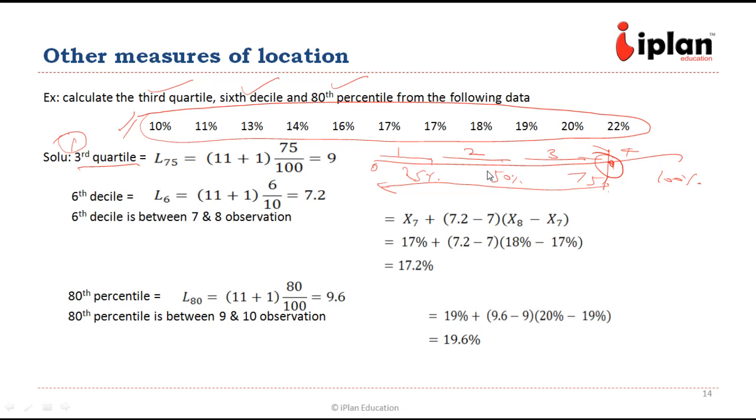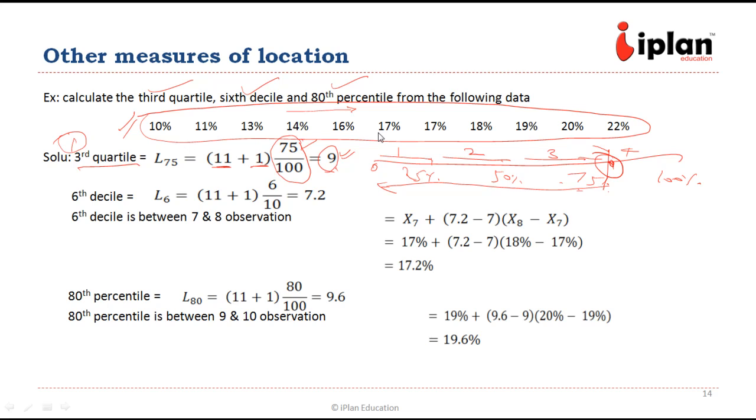For that we calculate using the formula which we have just seen, n plus 1 into y by 100. In this case, since we are talking about third quartile, which is 75 by 100, from there we use, and the value which we get is 9. So ninth term should be the value, provided it is in the correct ascending order.